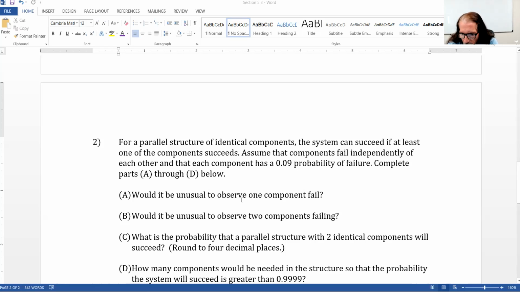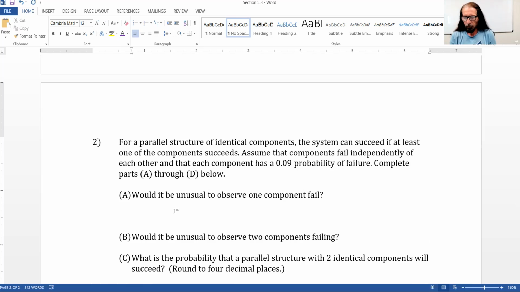And the probability of each component failing is 0.09. So would it be unusual to observe one of them failing? In general, an unusual event would be an event with a low probability, 10% or 5% or 1%. That definition can slide, but for now, unusual would mean a probability of less than 5%.